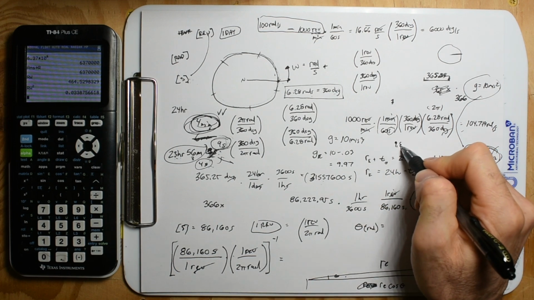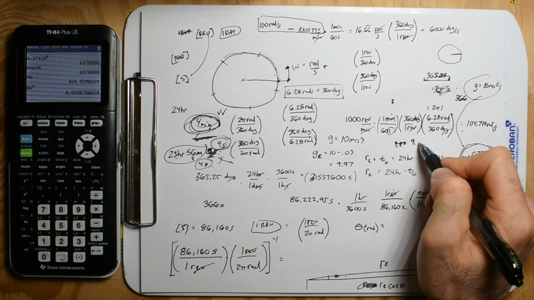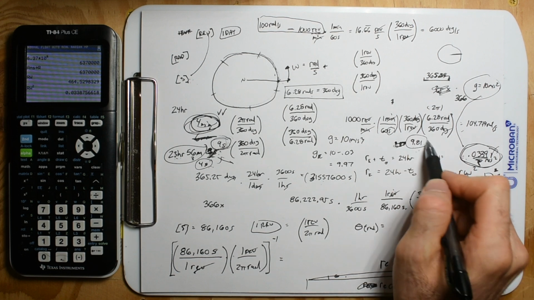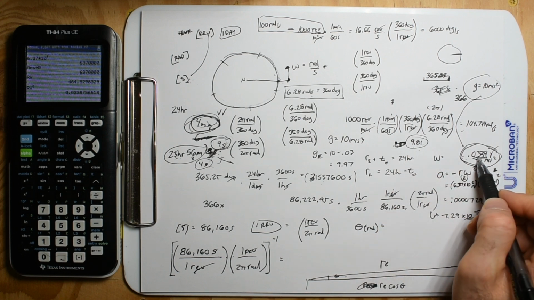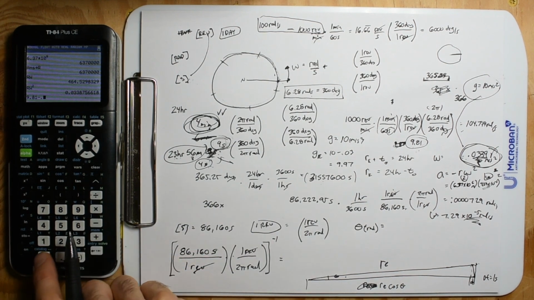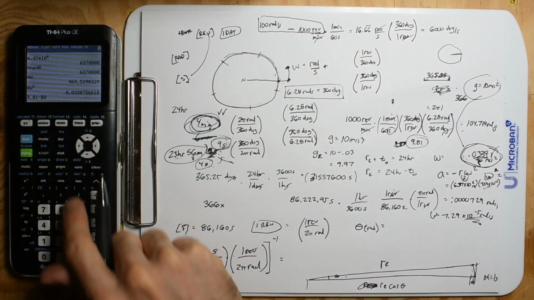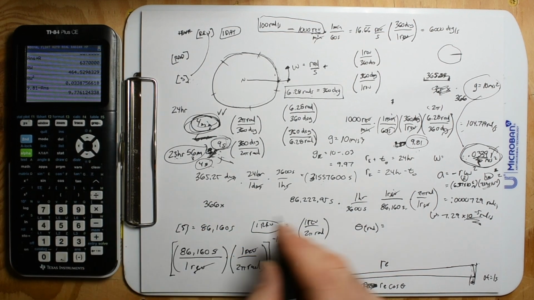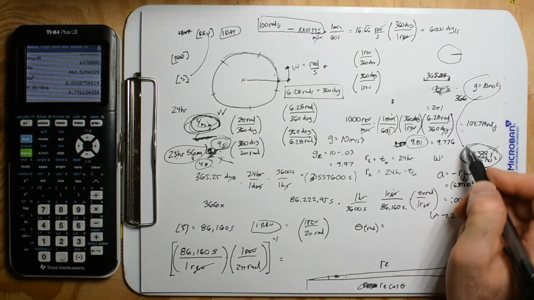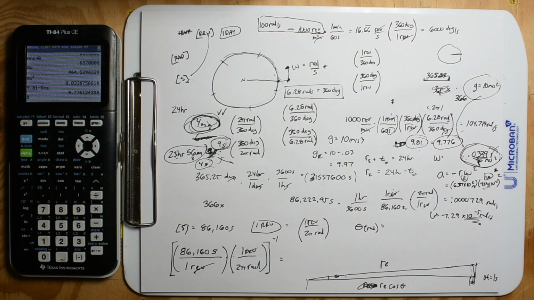Or if you use 9.81 for the acceleration of gravity, subtract the second answer and you get an acceleration of gravity of 9.776. So that difference is the weight you will feel differently.